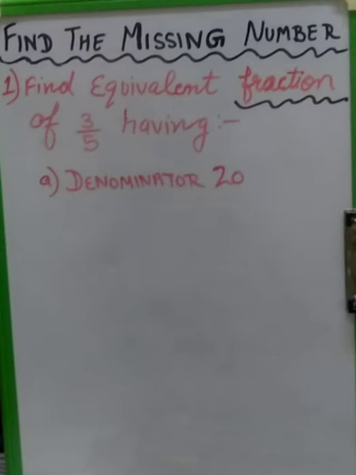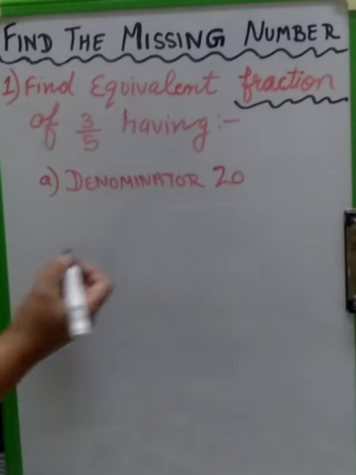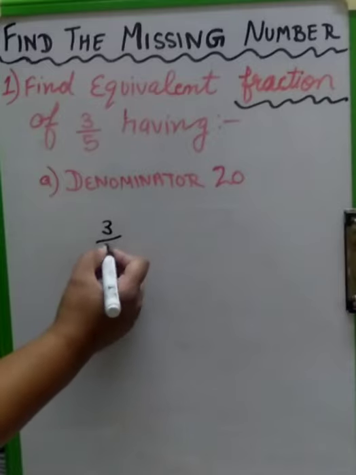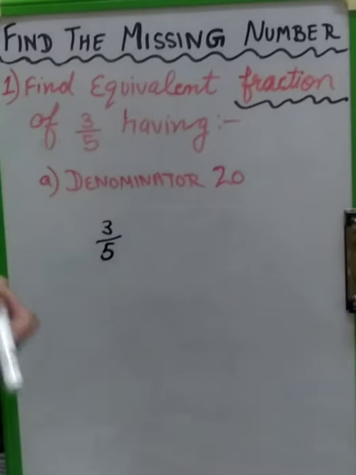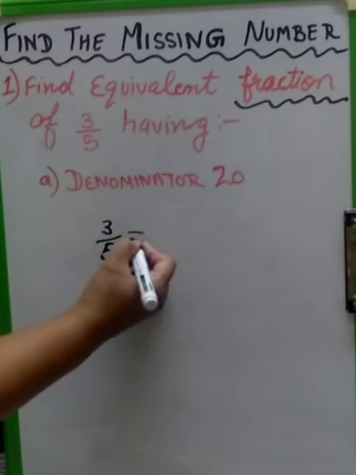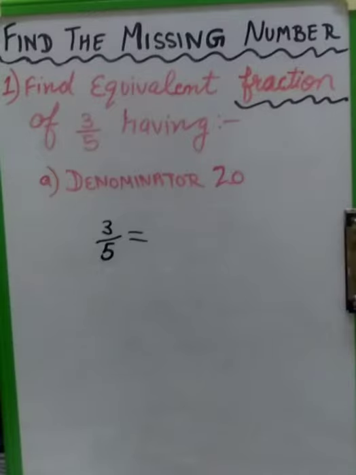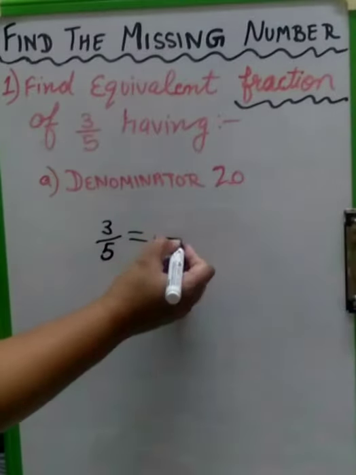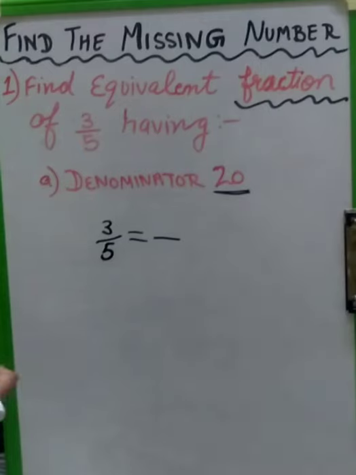So in the next type of example, it is asked here, find equivalent fraction of 3 by 5 having denominator 20. So what we need to do? We need to find out the equivalent fraction of 3 by 5, so we will put an equal to sign, and the equivalent fraction is having denominator 20.